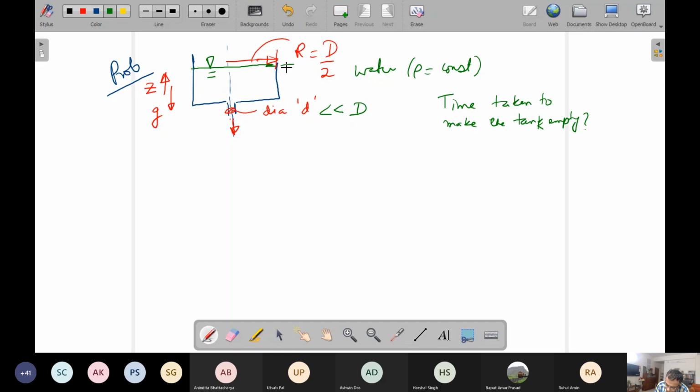Given that, like the previous problem, the height of the liquid from the base will be a function of time. So at time equal to 0, you have H equal to H. Then H will decrease with time because water will drain, and the question is how much time it will require for the water to drain.